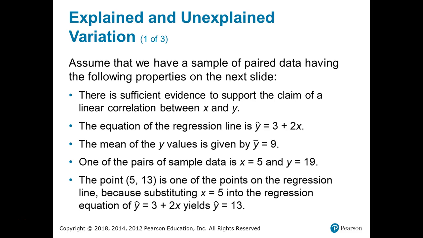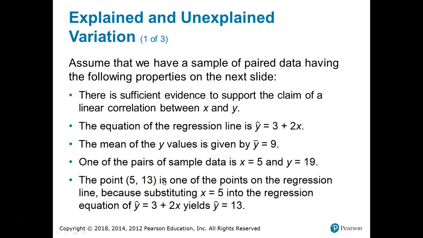The mean of the y values is given by y bar equals 9, and one of the pairs of sample data is (5, 19). So the point (5, 13) is one of the points on the regression line, because if you plug 5 in for x right here, 2 times 5 is 10, plus 3 is 13. So that would be one of the points on the line.